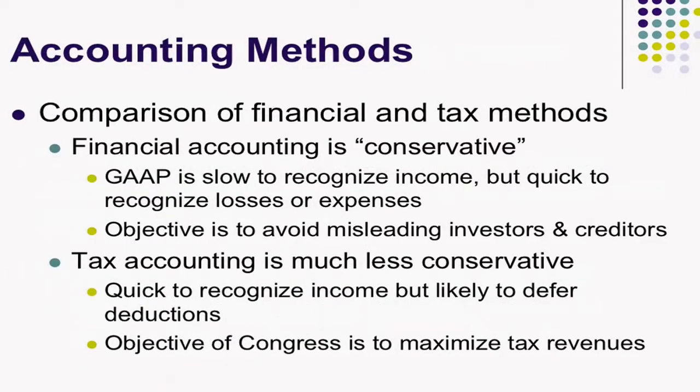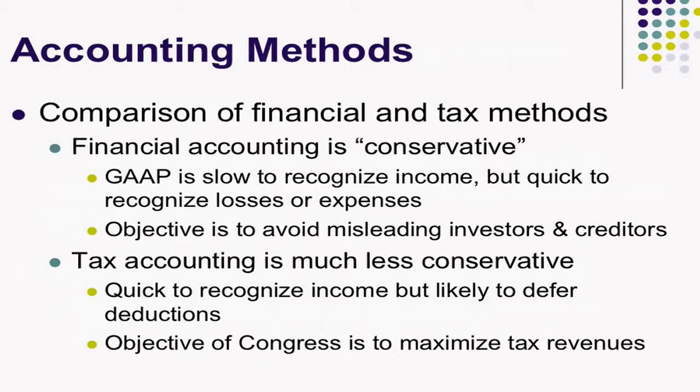Accounting methods. Again, I know I'm really preaching to the choir here because I know you guys all have a background in this. But a comparison of financial and tax methods. And this is no news to you, but financial accounting is very conservative. Why? Because financial accounting is used to give financial information to those people that might have an interest, like stockholders, in what the company's doing.